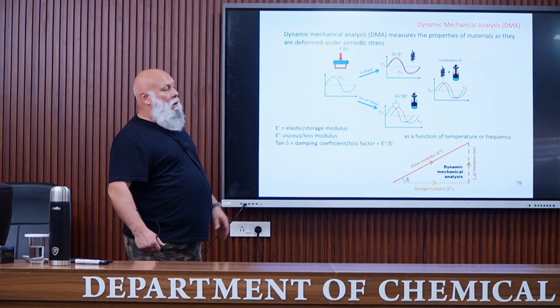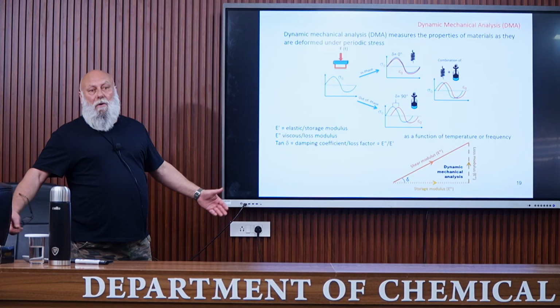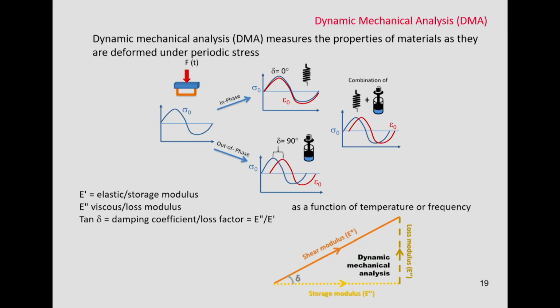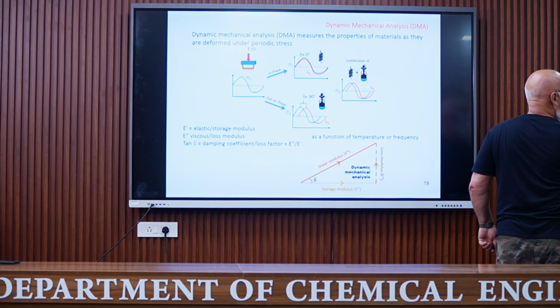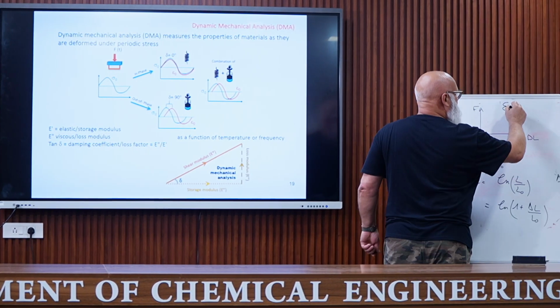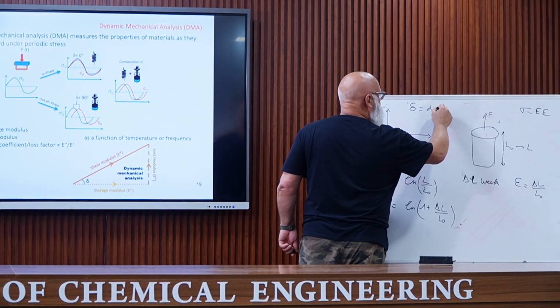And of course, for a viscoelastic material, for a polymer, we have a shift between the two sinusoids, and this shift is characterized by an angle, which is generally called delta. Delta is called the damping factor.